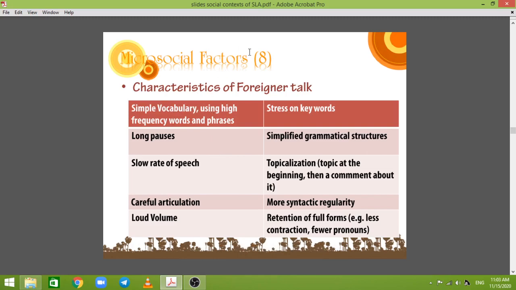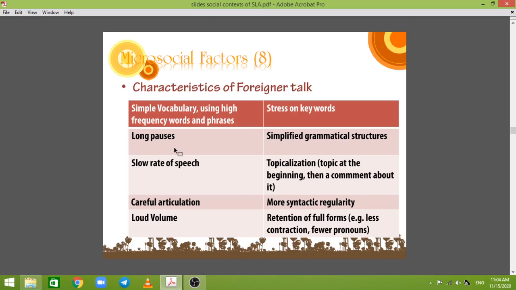Normally, native speakers in foreigner talk choose only simple words, but words with high frequency, meaning words that are commonly used for communication, as well as phrases. When they are talking, they normally stress, or heavily tone, the keyword or important word in the sentence.